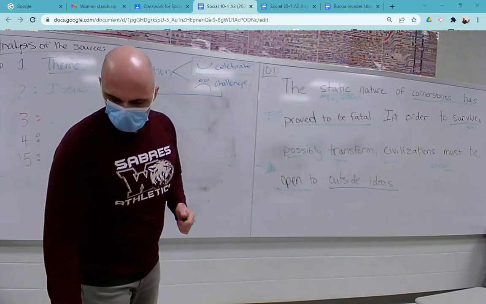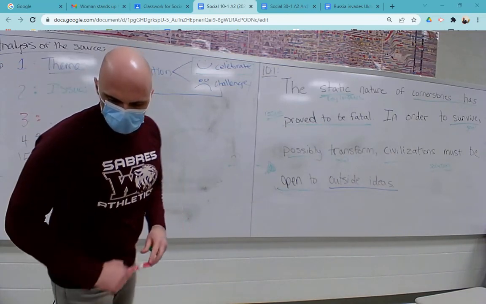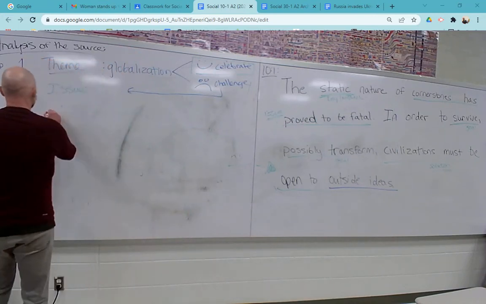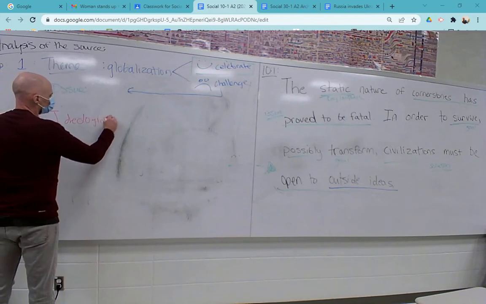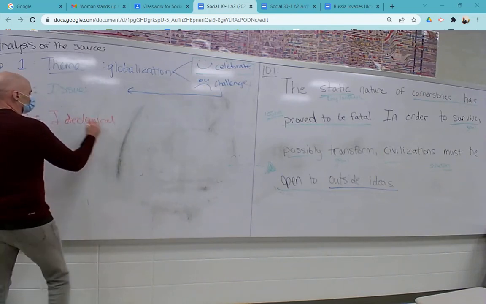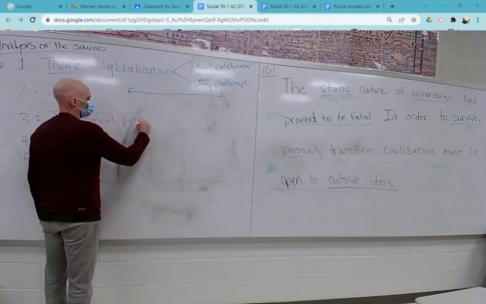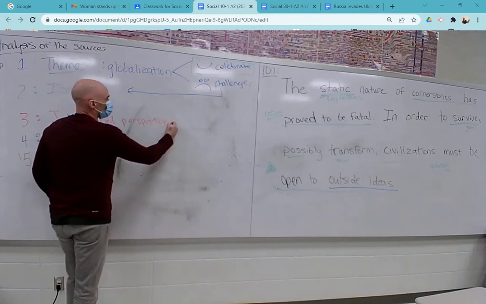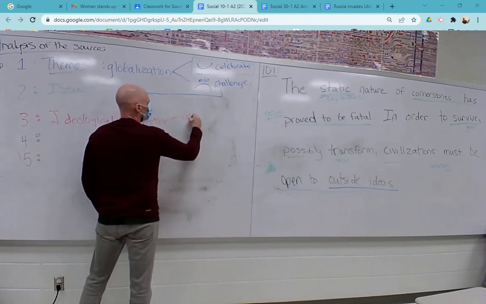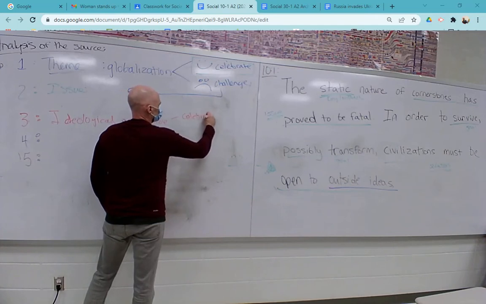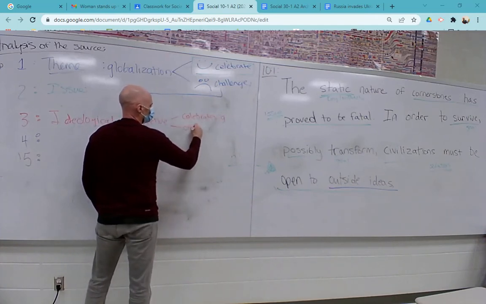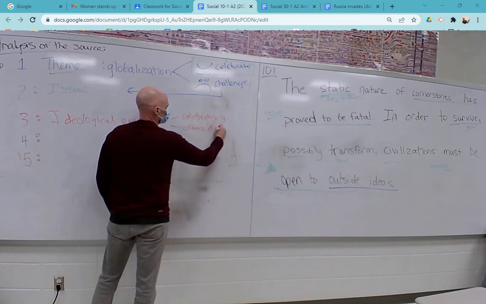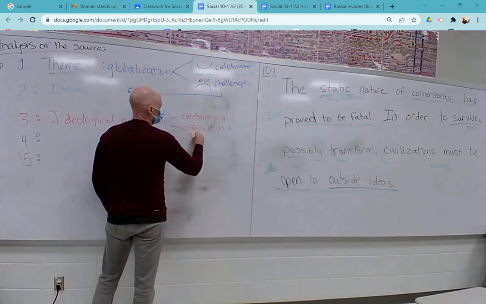Let's continue with the ideological perspective. Now that we've introduced it generally, let's see if we can talk about it in more detail. So we already know the ideological perspective celebrates globalization, offers it as a solution to our issues.